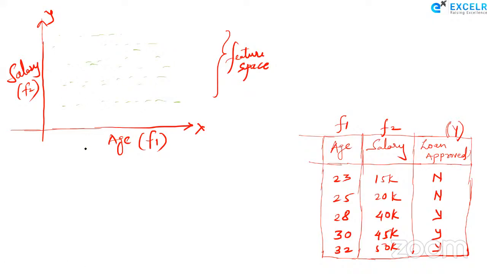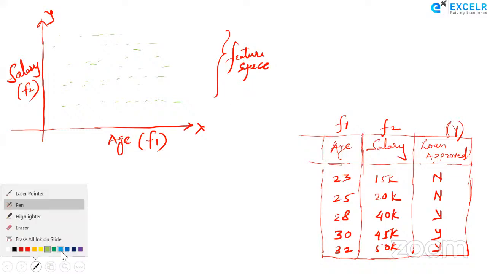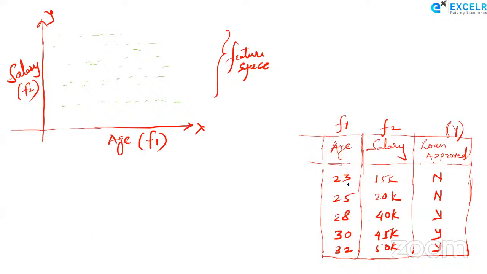Okay. Now let us take the data points and try to plot the data that we have in our data set. Let us take the blue color. So for age 23 and salary 15K, let us start with 10K salary.